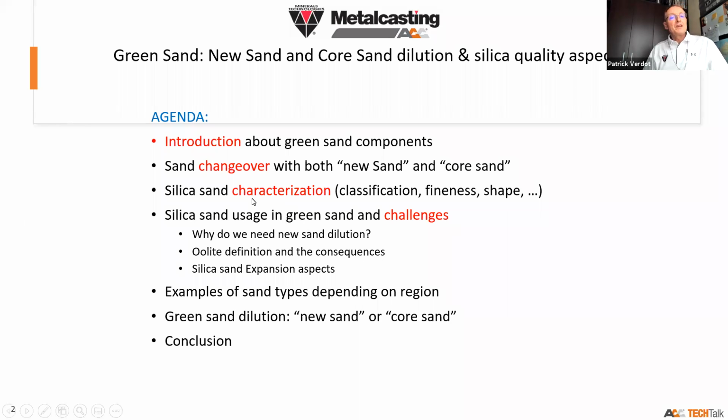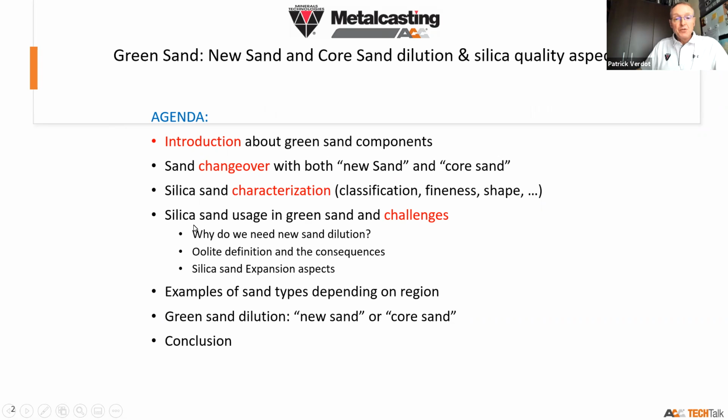Okay, first I will explain you very quickly the agenda today. So introduction first will be a short introduction about the green sand component. I will also speak about the sand changeover with both new sand and coarse sand, silica sand characterization, especially classification, fineness, and shape. Then after we'll speak about the silica sand usage in green sand and challenges.